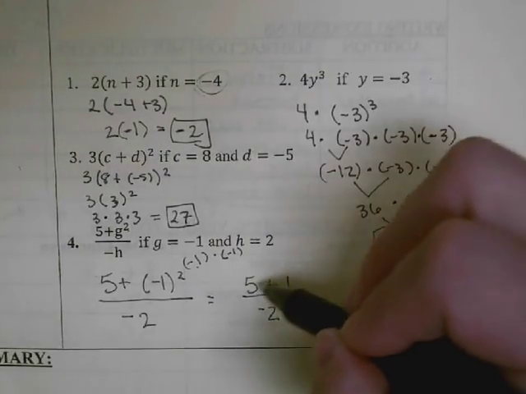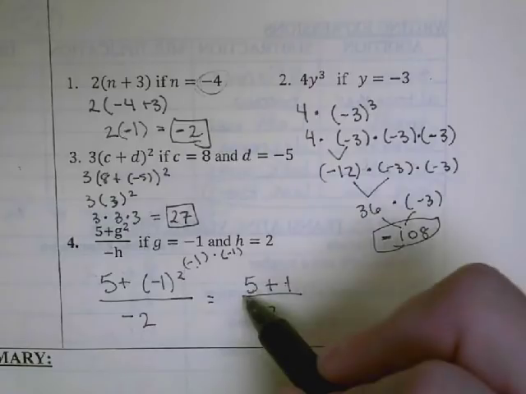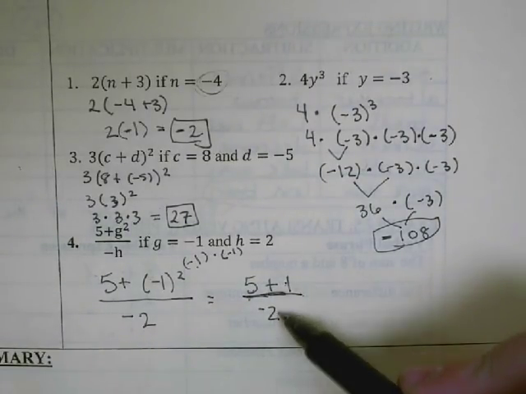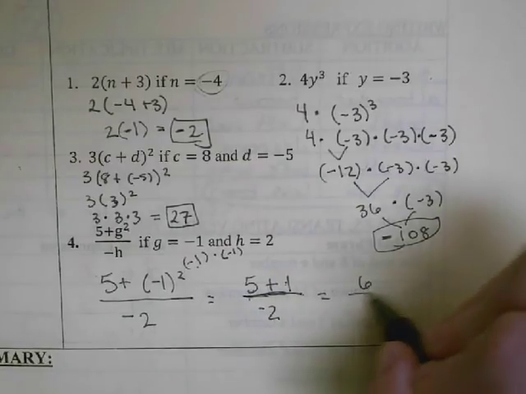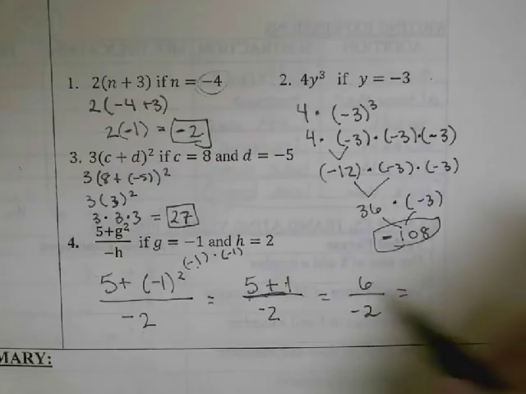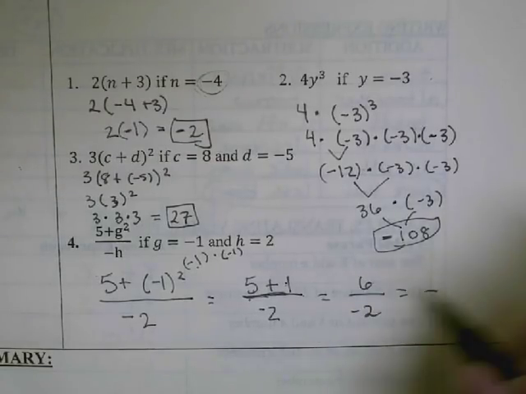We have to do our addition on top first before we do this division, because remember that fraction bar kind of separates it into 2 separate problems. So we'll get 6 divided by negative 2. Positive divided by negative is a negative, and 6 divided by 2 is 3.